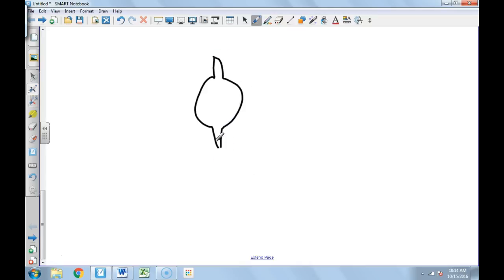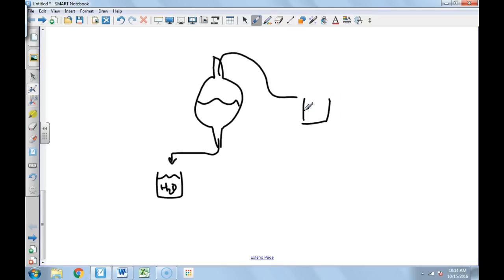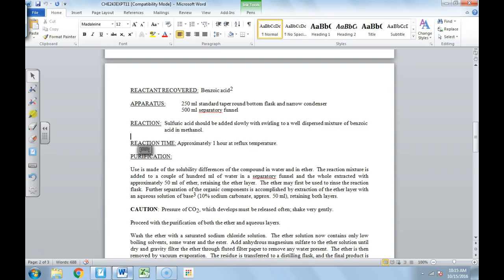But out of that, you're going to get the water layer into one, H2O, and you're going to get the ether layer, Et2O, into another. So what I have done here, let me make sure that we follow along.